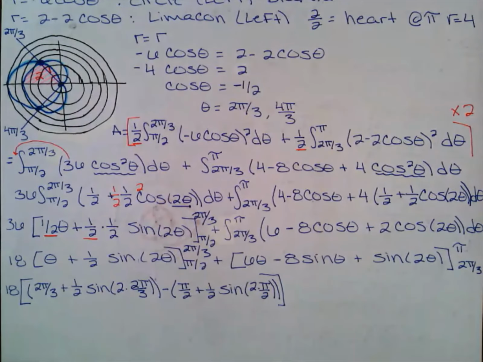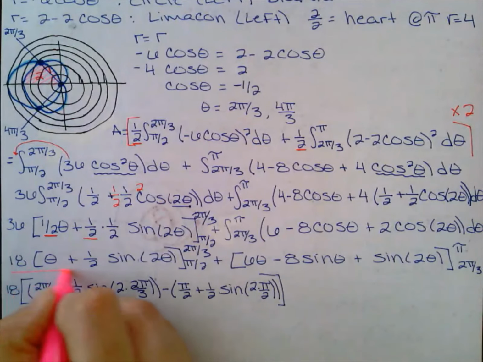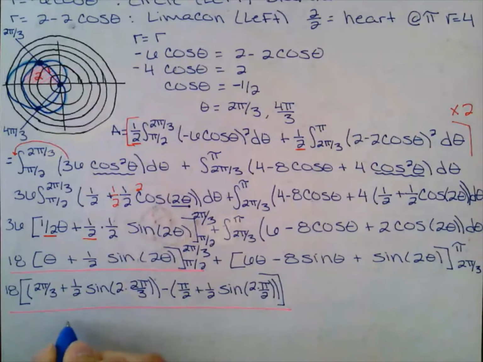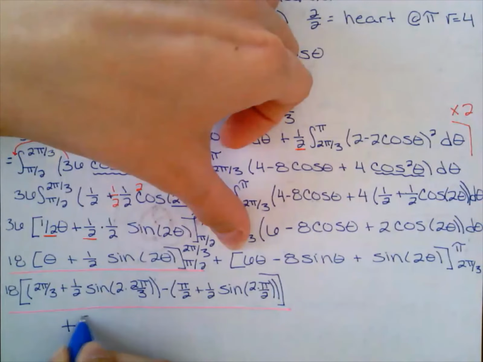And you know what? We're going to color code, being that we're going to see ourselves in different lines. We have this portion right here. And then I'm going to go ahead and write the next one. I'll underline it in blue. So we'll say plus. Now we're on to this one.